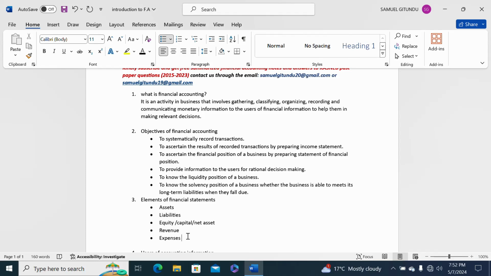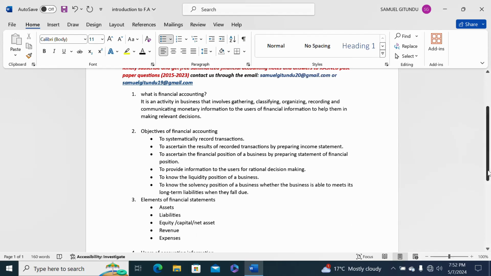If you're conducting a business and you have rented a premise, then you expect to pay a certain amount of rent each month or whatever period you have agreed with the person who is allowing you to use his premise, so that rent is an expense. Electricity for the business, that is an expense. The salary you are paying to your workers, that's an expense. So these are costs that a business incurs in the process of doing business.